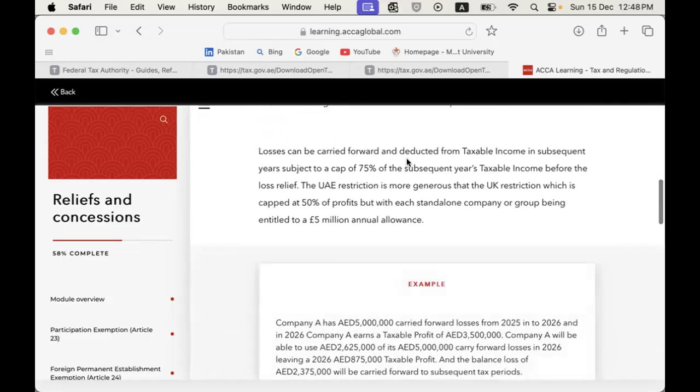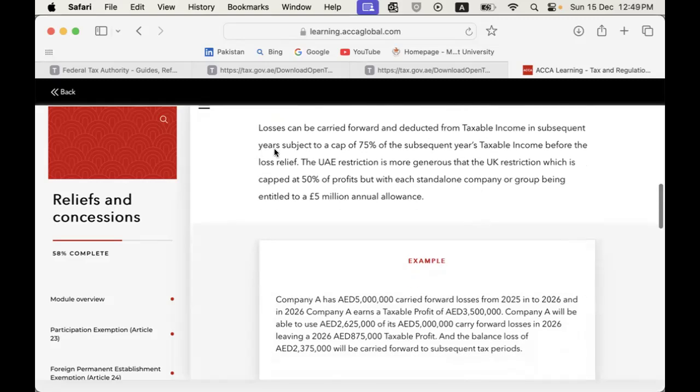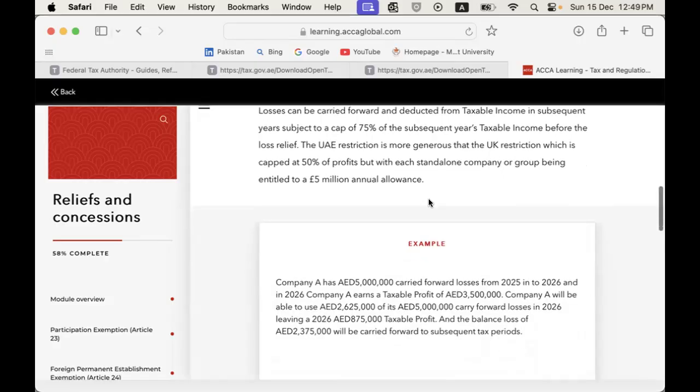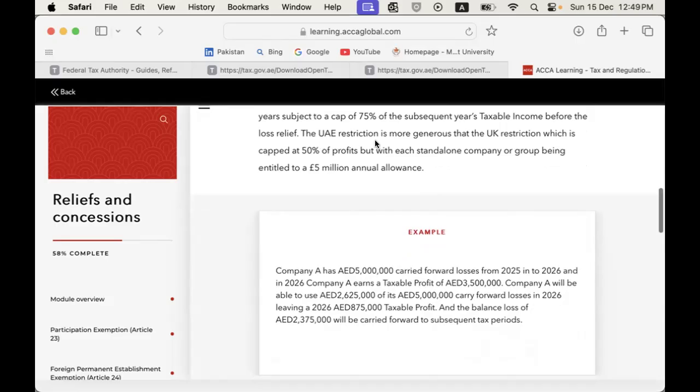So losses can be carried forward and deducted from taxable income in subsequent years, subject to a cap of 75%. How many years can we carry forward tax losses under UAE law? It's still infinity. Correct. So there is no capping of that. They can be indefinitely carried forward. The UAE restriction is more generous than the UK restriction, which is capped at 50% of the profits.